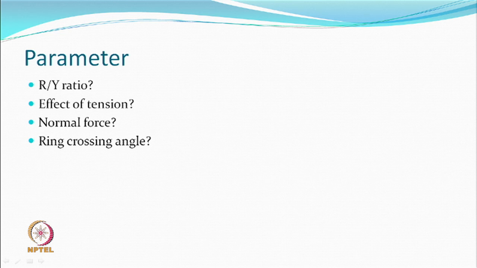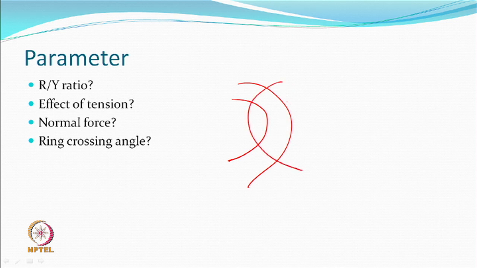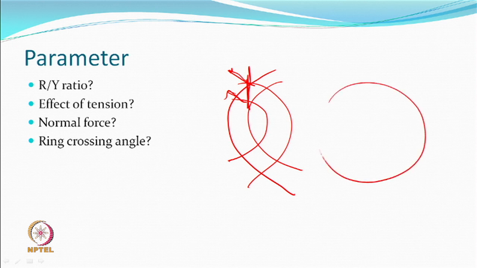The ring crossing angle. The problem here is, how do we define a ring crossing angle? The tangent here or the tangent here, if you carefully draw at a point, you have a tangent.